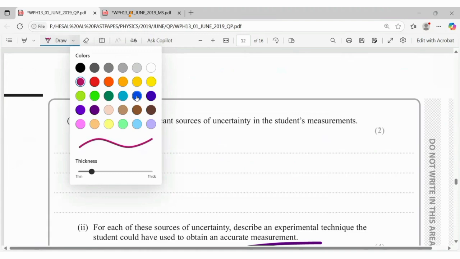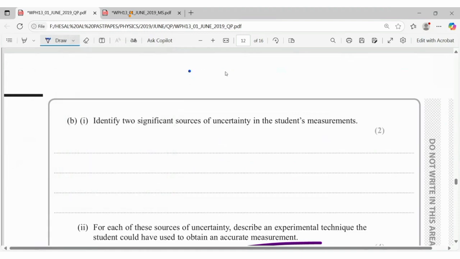Identify two significant sources of uncertainty in the student's measurements. Here, I'll talk about three things. One for frequency, one for length, one for mass.